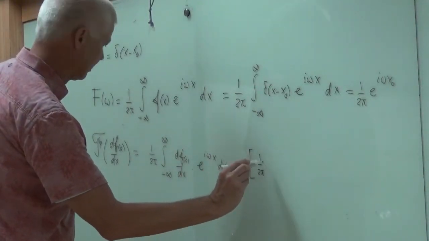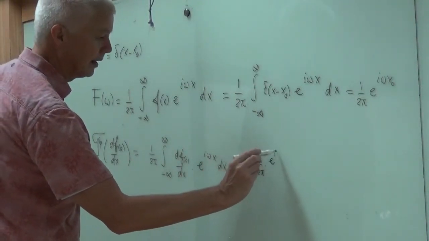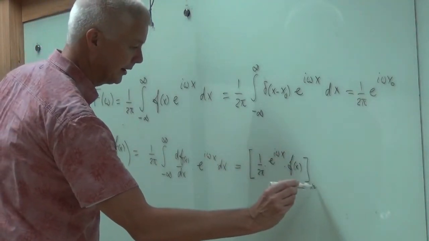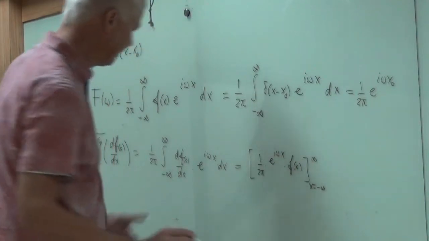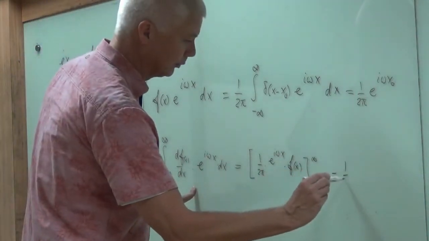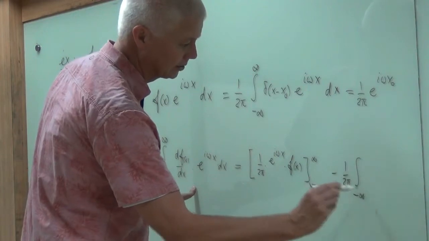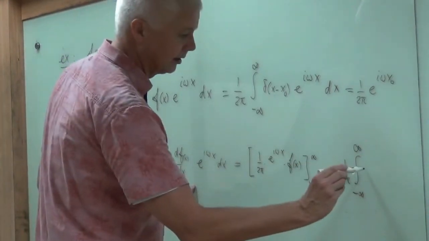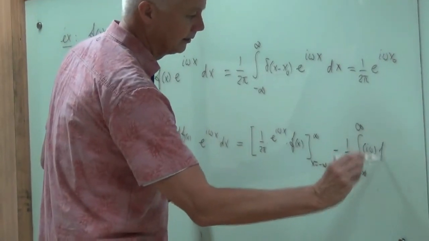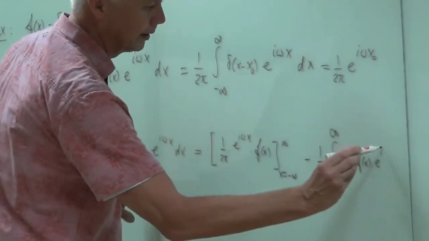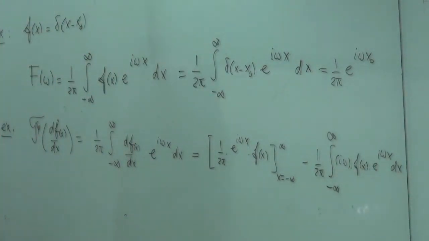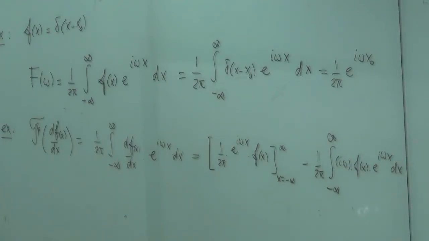So I will get 1 over 2 pi, and then I will get e to the power i omega x times f(x), in between x is minus infinity and plus infinity. And then I will get minus 1 over 2 pi integral from minus infinity to plus infinity, and then I will get i omega times f(x) times e to the power i omega x dx. Yeah. That's integration by parts, one step.